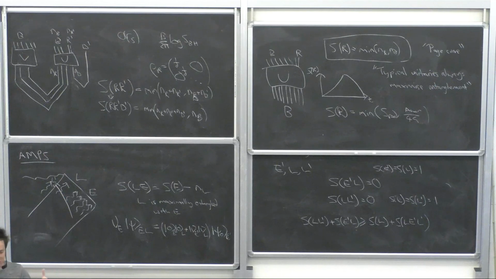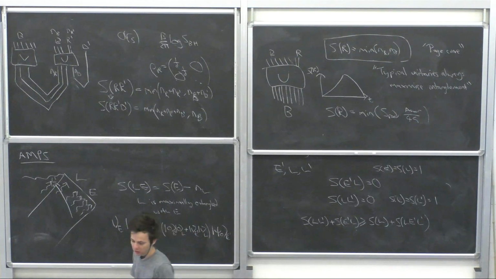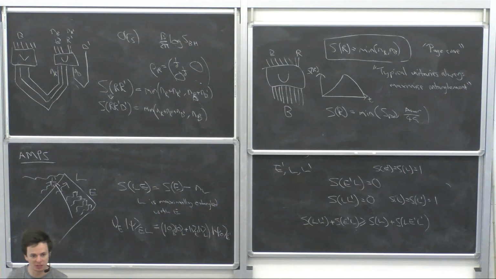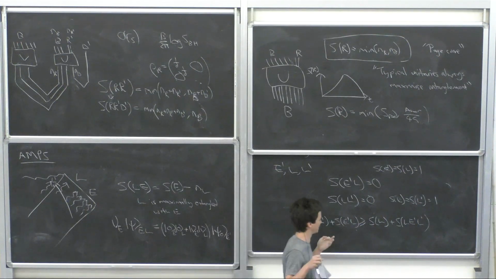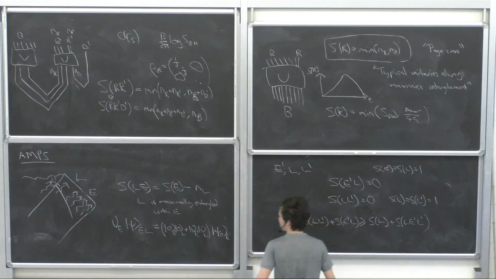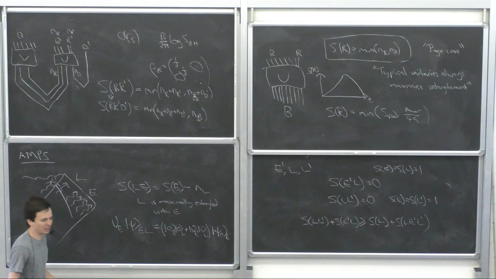So then you'll never hit the Page time. But if you're doing JT gravity including the effects of higher topologies, i.e. finite S naught, then you should be able to hit the Page time, and after the Page time you have this paradox. As I'll discuss on Wednesday, there are calculations that seem to tell us that when you do this complicated process that extracts E prime out of E, what you end up doing in the semi-classical description is extracting L prime out of the interior.